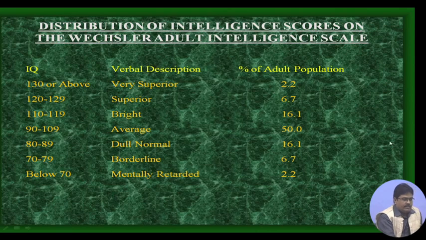In our general population, you will find mentally retarded people at 2.2%, borderline people 6.7%, dull normal 16.1%, average 50%. Bright people you will find in the general population around 16.1%, superior close to 6.7%, and very superior, what we call exceptionally intelligent or gifted people, around 2.2% of the population. So it is quite natural to see varieties of people in our societies.